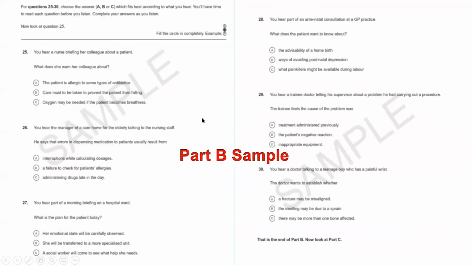For part B, this is the sample for part B for the listening subtest, 6 MCQs. And here we have a time gap between the introduction and the first question. Then we have another gap between the first question and the next one.